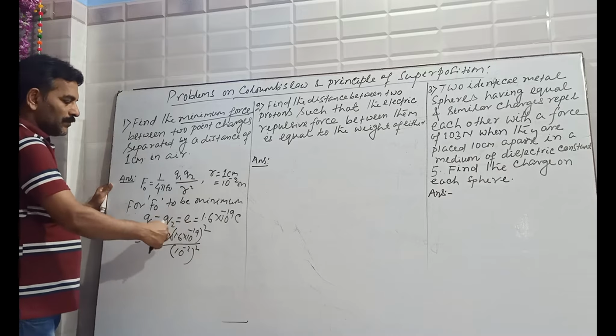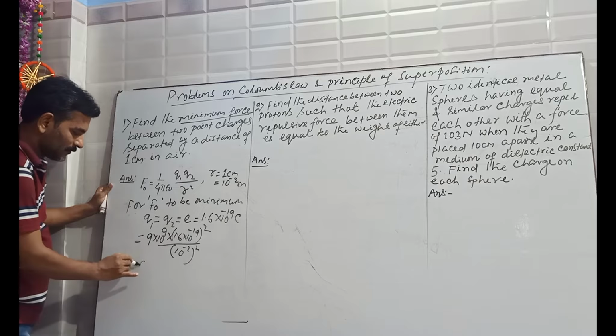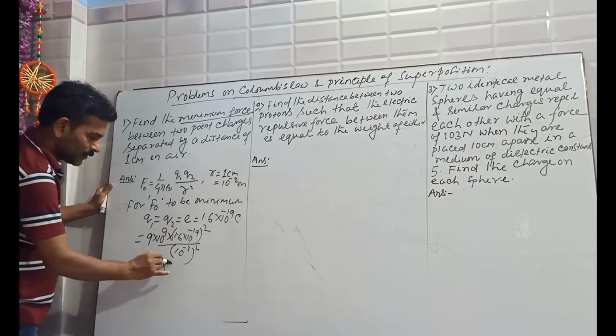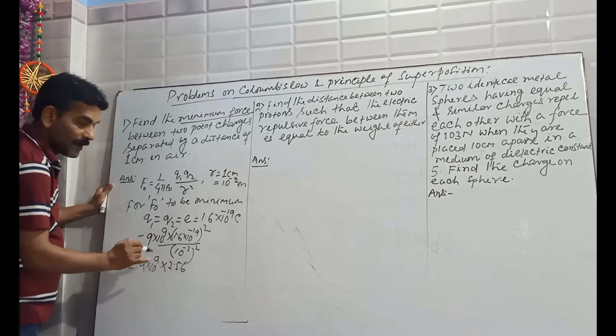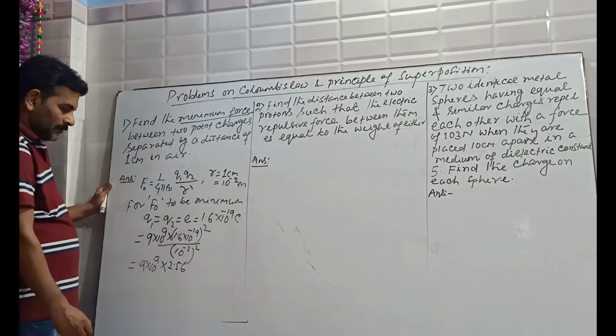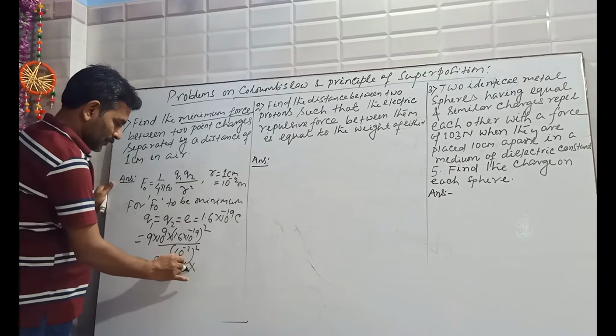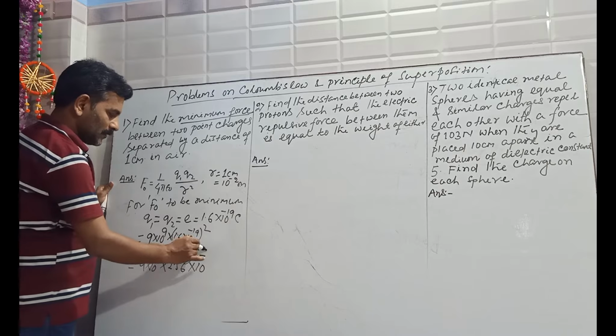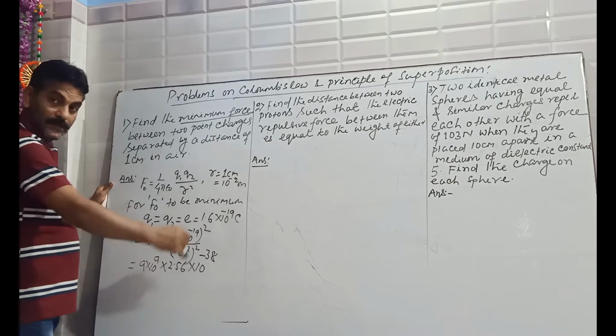K Q1 Q2 by R square. Then what you are getting, you see, 9 into 10 to the power 9, 1.6 square, 2.56 into 10 to the power minus 38.